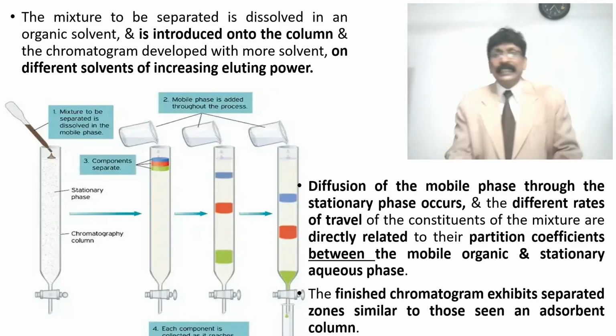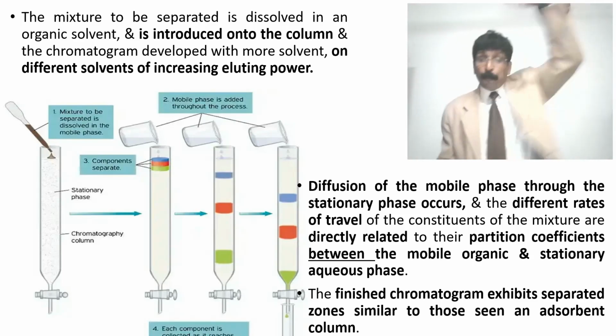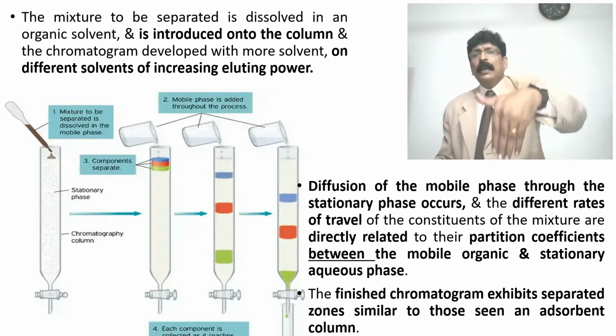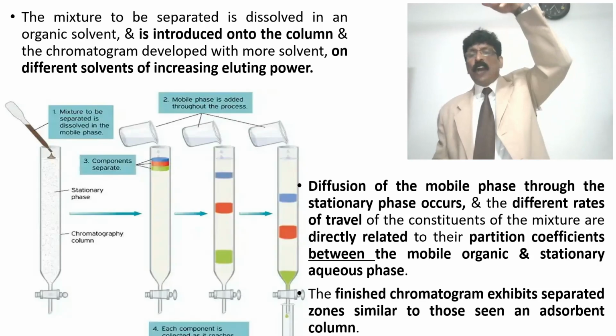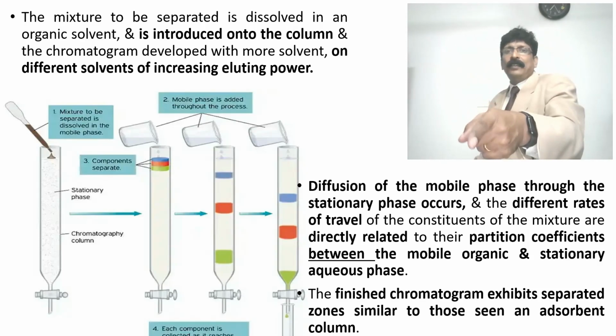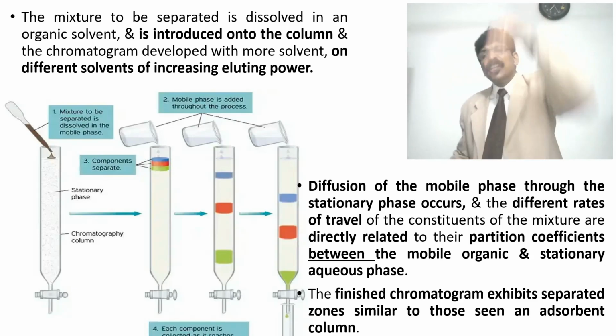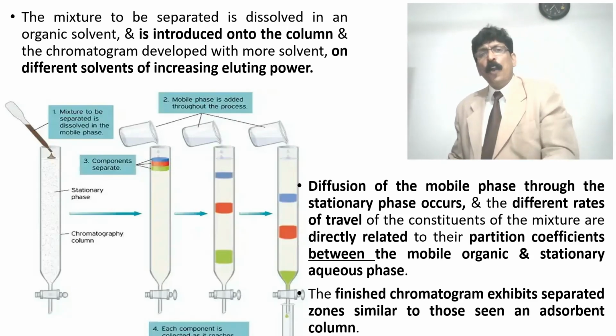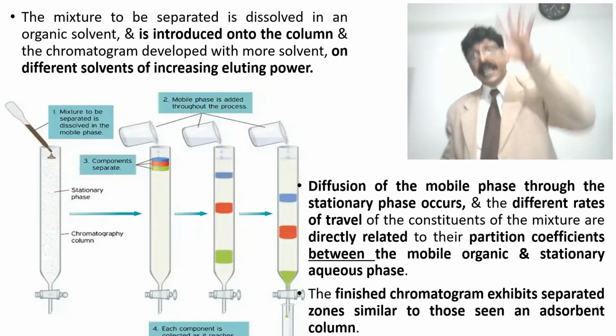Water is the stationary phase, and if you are passing a non-aqueous solvent like petroleum ether, all the components soluble in the petroleum ether will be eluted first. The compound which is insoluble in the low polar solvent will stay in the column with the aqueous phase.